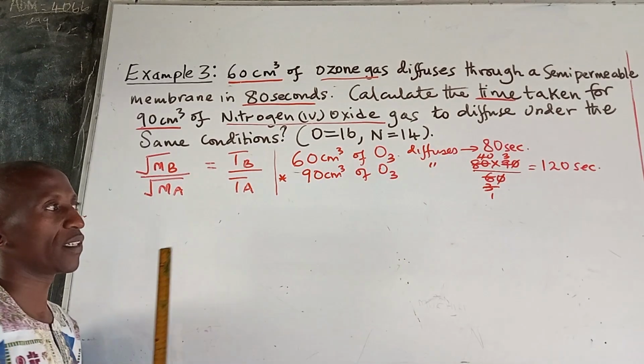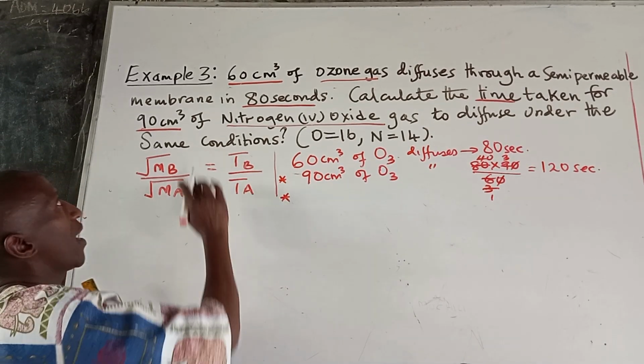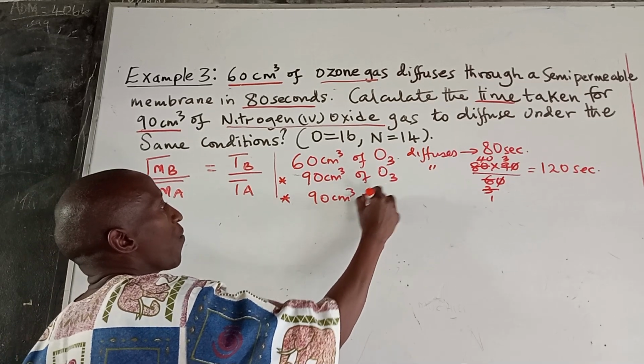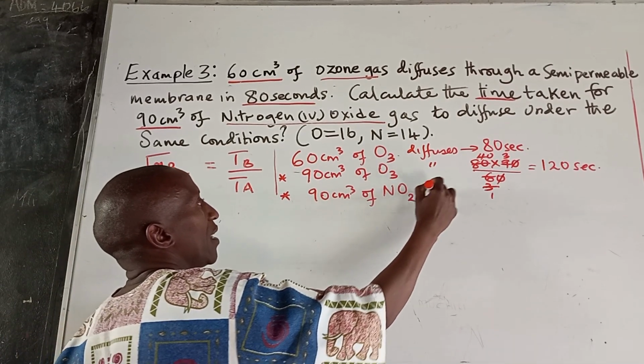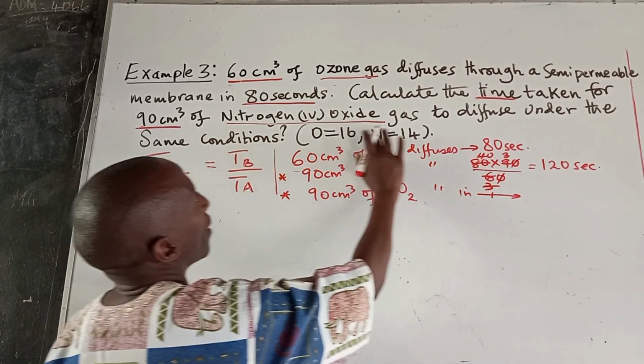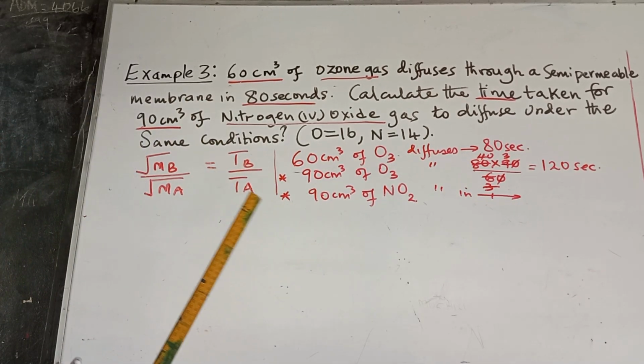compare equal volumes. How? If I may write at this point, the second star, we are going to say 90 centimeter cubed of nitrogen 4 oxide diffuses in what time?